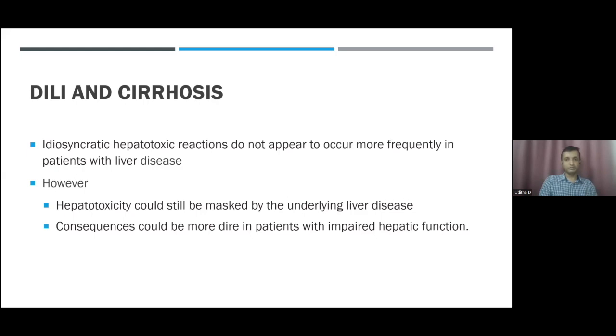So that is something we need to be extremely cautious of when prescribing for patients with decompensated liver disease. And of course, the consequences of a drug-induced liver injury in a patient with already impaired hepatic function would be much more serious. They can go into liver failure or acute on chronic liver failure, which would have a significant effect on mortality and morbidity.